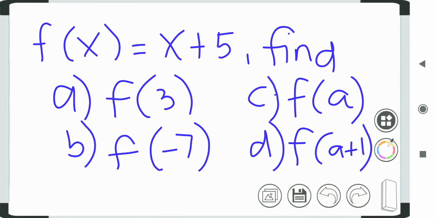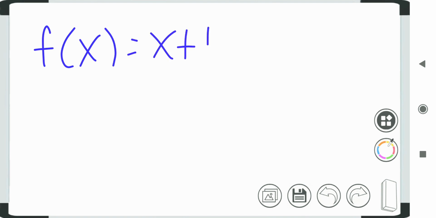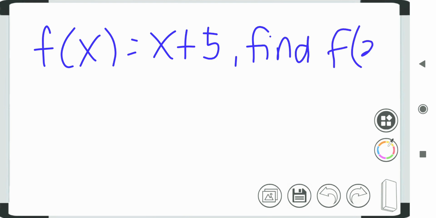Let's start off with finding f of 3. So, we have f of x equals x plus 5, and we're going to find f of 3. Again, substituting or evaluating the function, we will replace x with 3.